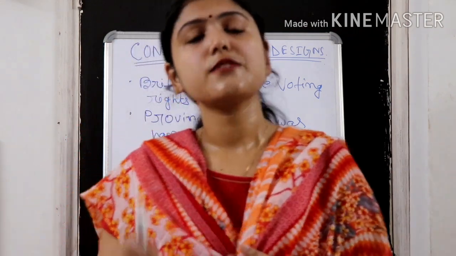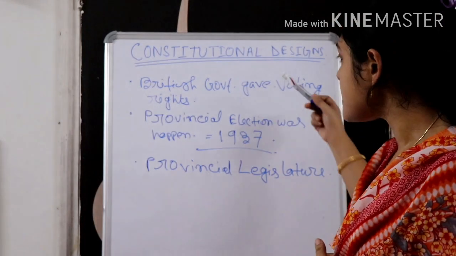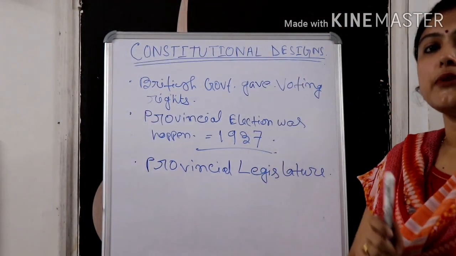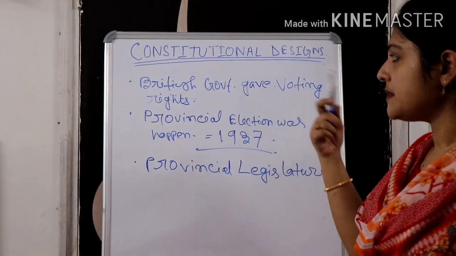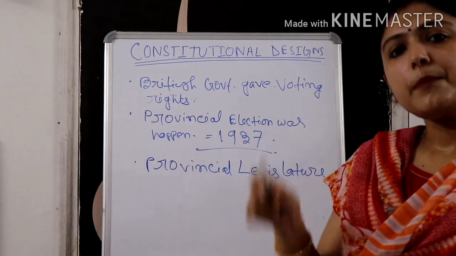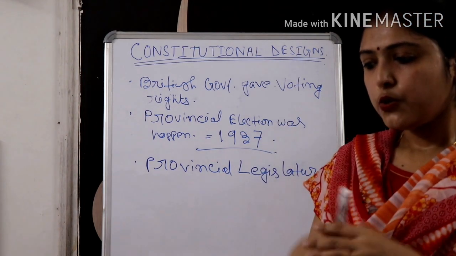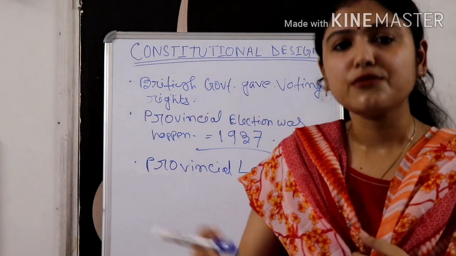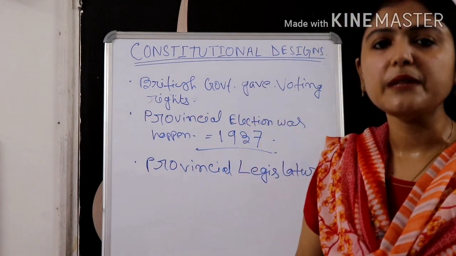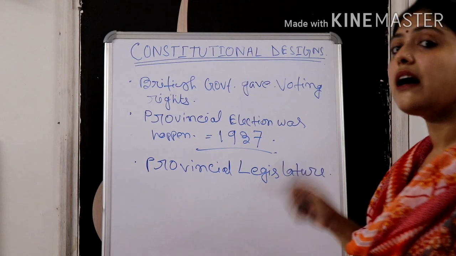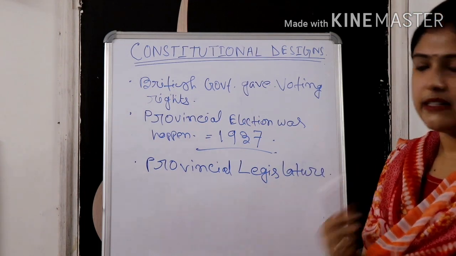We got this kind of experience from the steps taken by the British. Definitely they did those things to help themselves, to help the British government rule properly, but later on it actually helped us in independent India.